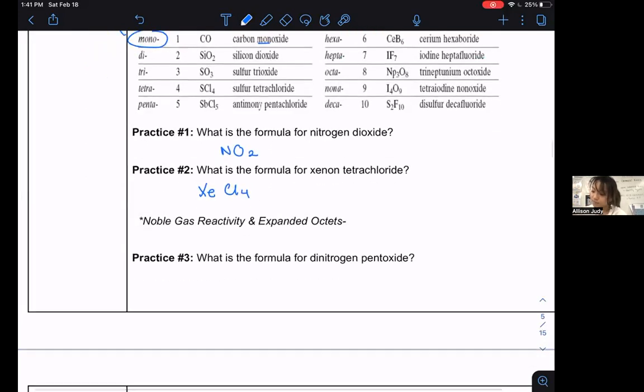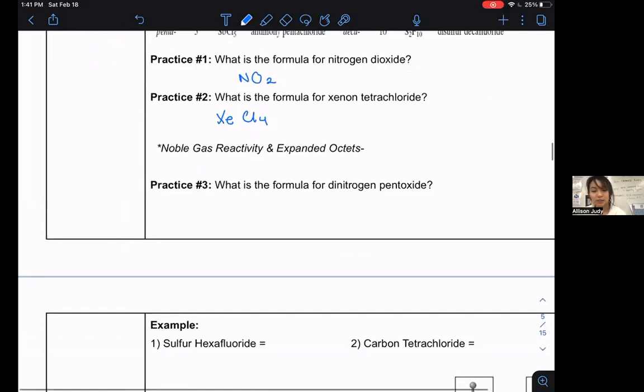Now pause. If you're like, excuse me, I thought xenons are noble gases and they're not reactive. Okay, so here's a little special thing to know. There are certain circumstances known as expanded octet moments, when your molecule requires one atom to carry more than 8.